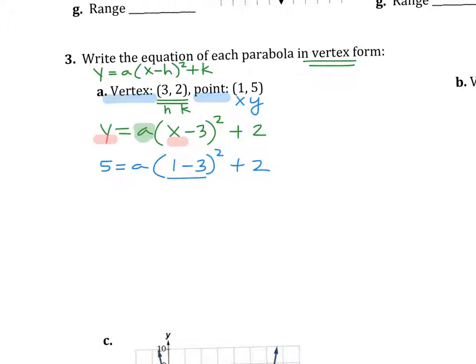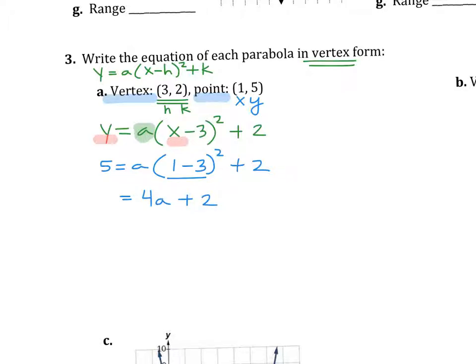What's negative 2 squared? 4. So we have 4 times a plus 2. What's the A stand for? It's a placeholder for if we're going to be wide or narrow or upside down or right side up. It's not your slope, but it's like your slope.